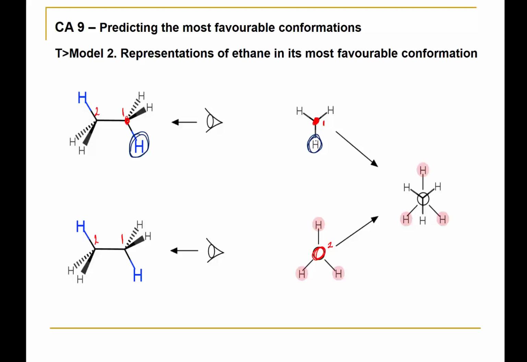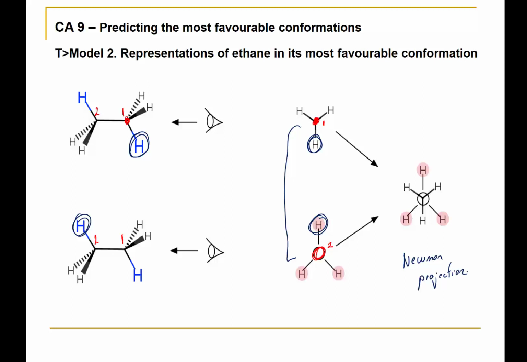And in terms of the blue hydrogen on carbon number 2, here it is in the wedge and dash, and then here it is as part of the Newman projection. So the idea is that we bring these two portions together and draw a structure that represents both carbons 1 and 2, and this is referred to as a Newman projection.